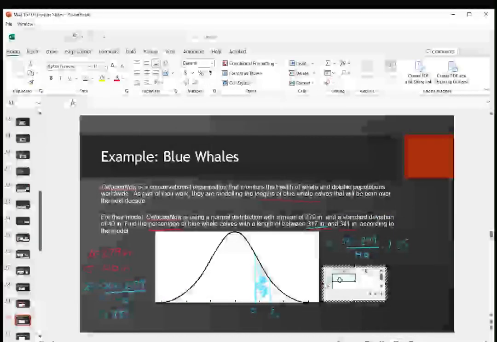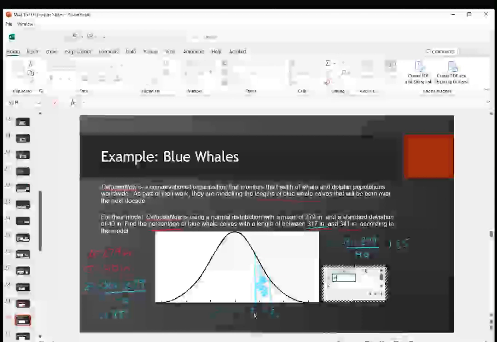If you recognize, we want the area to the left. First of all, our first value will give us the area to the left of Z1. Second value will give you the area to the left of Z2. If we subtract the two, then you'll get the area in between.